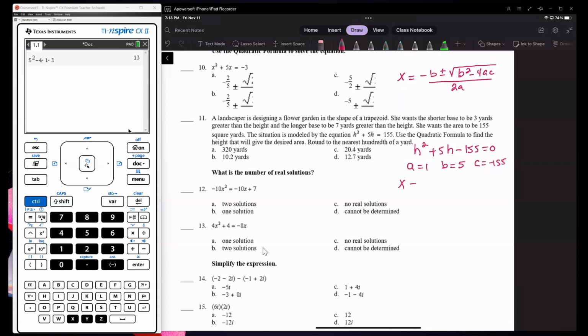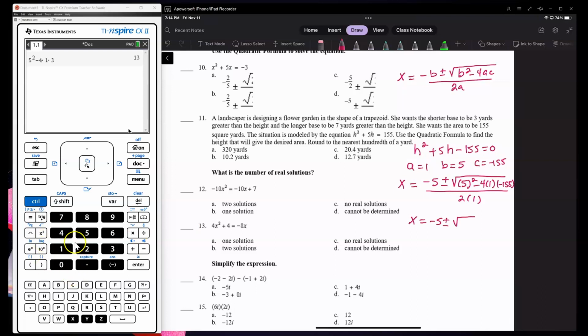So we have x is equal to negative 5 plus or minus square root of parentheses 5 squared minus 4 times 1 times negative 155, divided by 2 times 1. So I have negative 5 plus or minus square root, whatever we get from there.